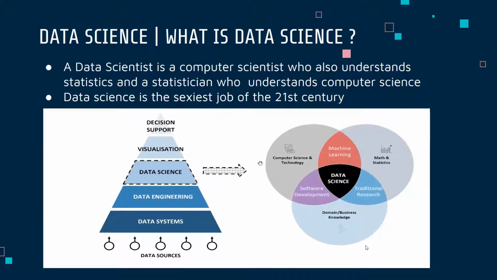They're not necessarily the same, but I think the first thing that comes to mind when we think of computer science is programming. In loose terms, computer science is the science of computing. These are the guys that integrate computers into science, basically. So this definition says that a data scientist is a computer scientist who also understands statistics, and a statistician who understands computer science.